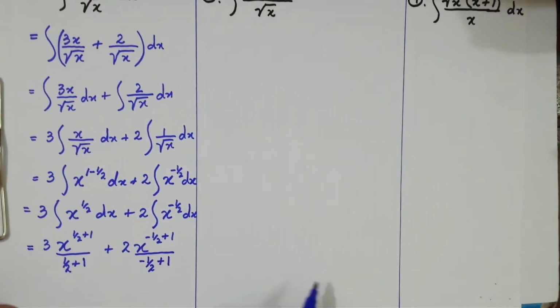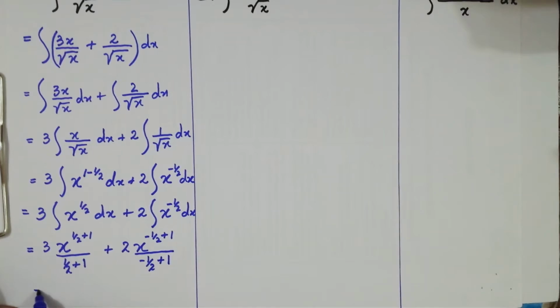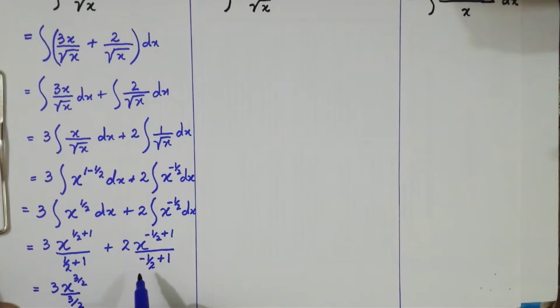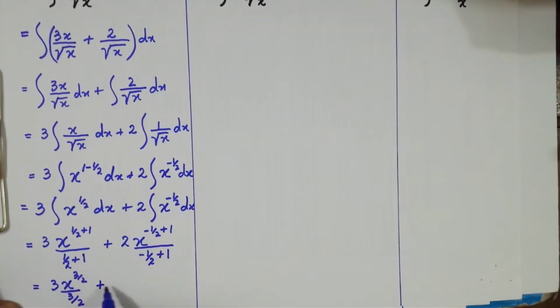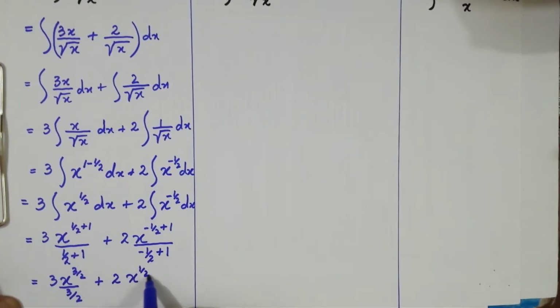Now after solving, after taking LCM, here 3 by 2, same as here plus 2. After taking LCM of this value, you will get 1 by 2, same as here 1 by 2.